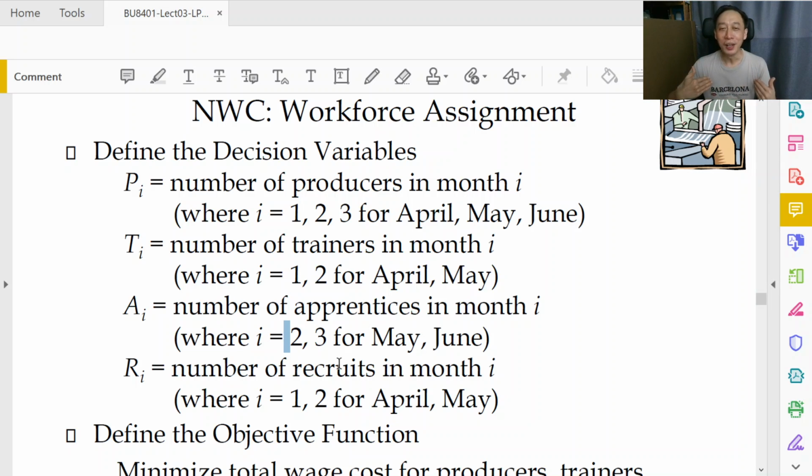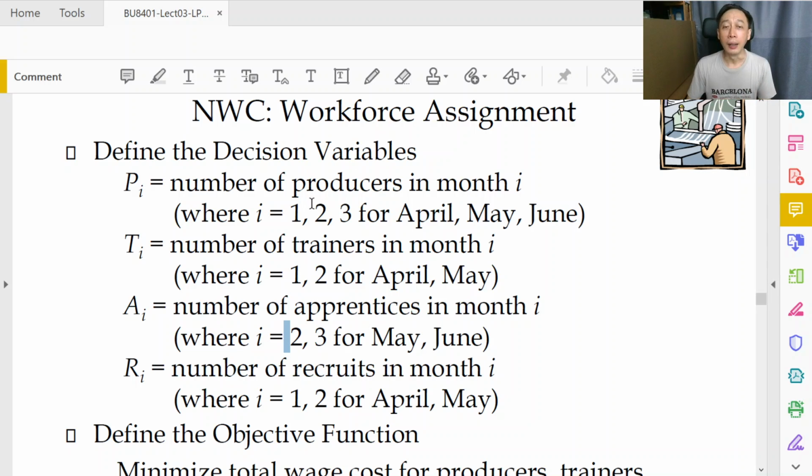So that's exemption, but they don't have exemptions. They all come in as recruits and they take 1 month to get promoted. So for the first month, we should count 0 apprentice, and therefore for the same reasoning, we don't need to have A1 and set it equal to 0.